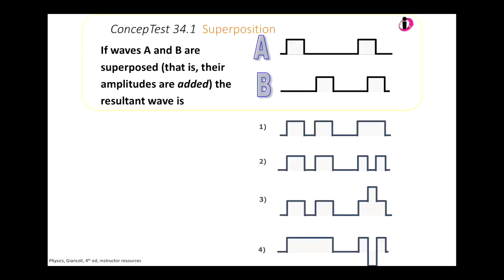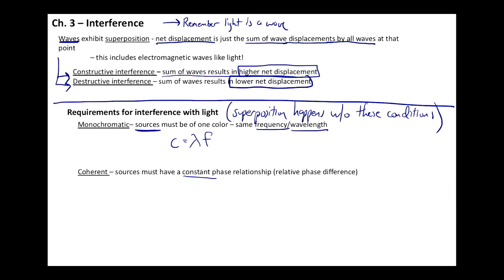Go back 2 slides. Notice I just need a constant phase relationship, whatever that happens to be. And it doesn't have to be one of these two cases either. What if instead of one peaking at the same time the other one valleys, every time one's at a peak, the other one is just coming down from the peak?